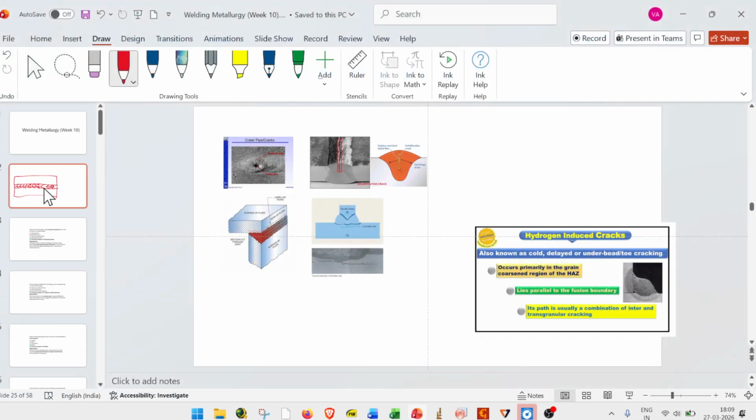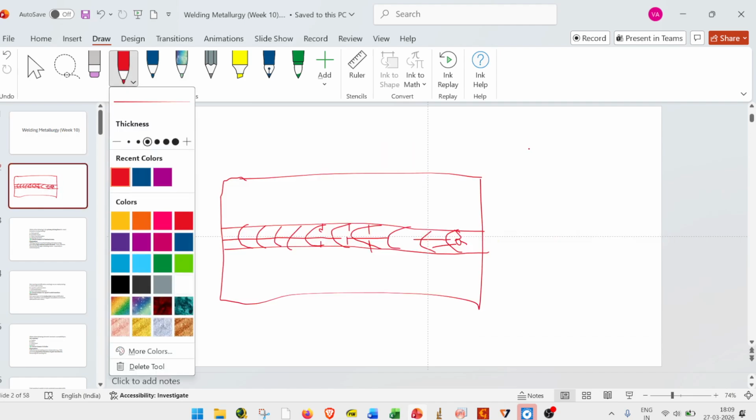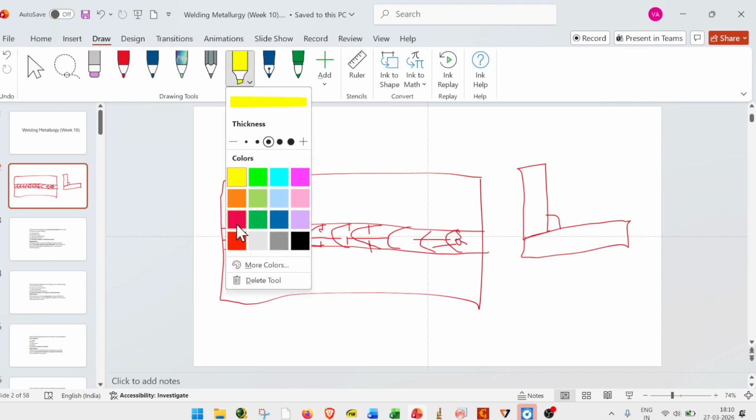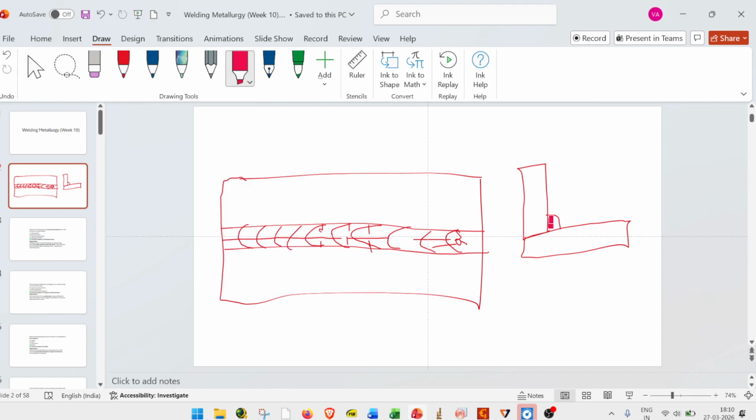Underbead means, suppose in the case of a fillet weld, if this is the weld, the crack will appear below the weld bead, in the base metal region.